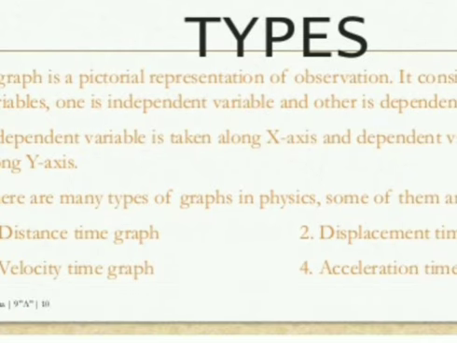In our class 9th we have many types of graphs, especially 4 types are mentioned here: the distance time graph, that is, the graph between distance and time, then the displacement time graph, then the velocity time graph, and the acceleration time graph.